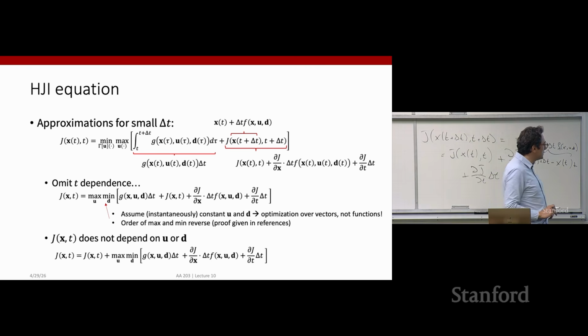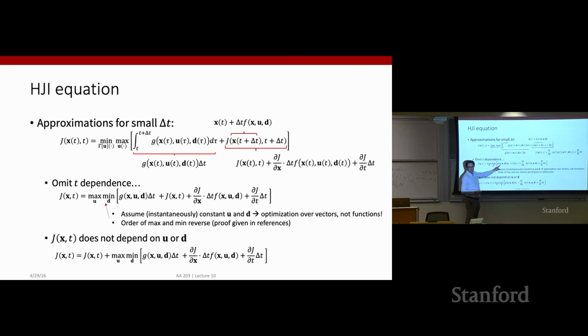Here is the crux of the problem, the most difficult thing to swallow in this entire lecture. So we have J, nothing new here. We have approximated the integral with just this quantity that we have here. We have substituted J of x of t plus delta t, t plus delta t with its Taylor series expansion.